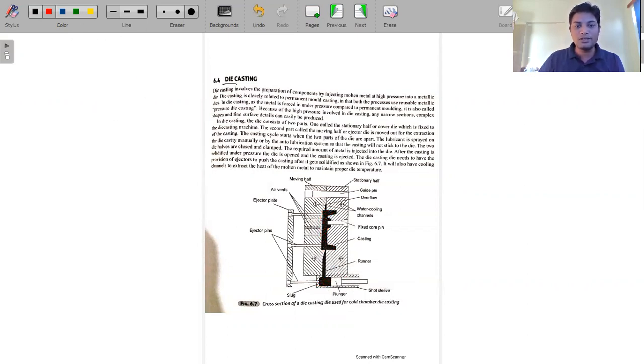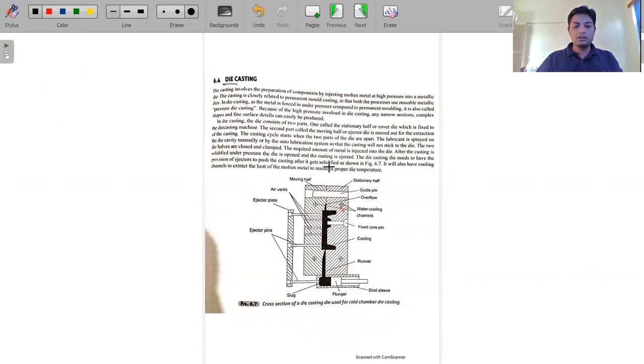You will fill up to this point, but this much portion will still remain. So the volume of the cylinder should be greater than the volume of the casting we have to fill. Okay, please keep this in mind.